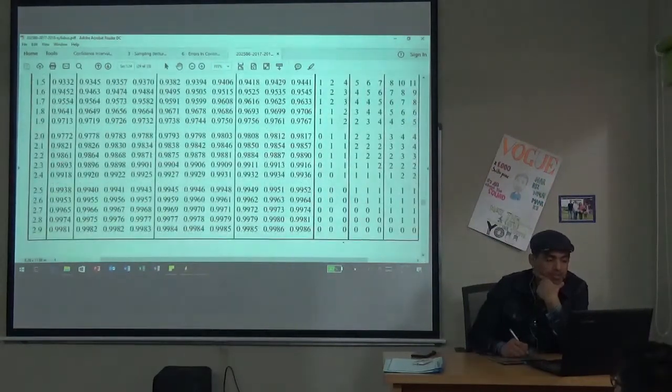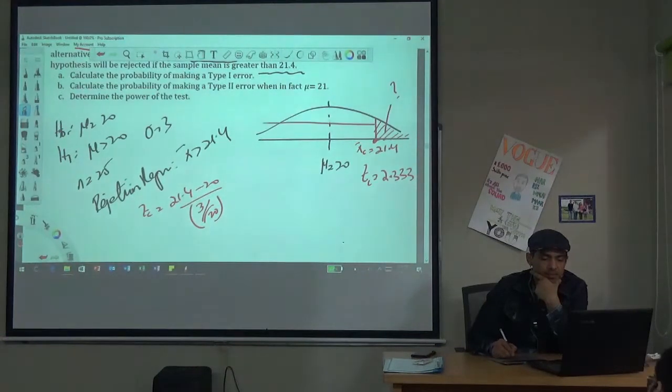2.3, and then 1, 2, 3. Add 1 to it. 0.9902. Can you all see that? 0.9902. Okay, so clearly this area is 0.9902.